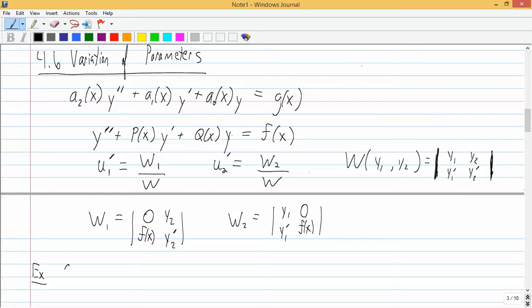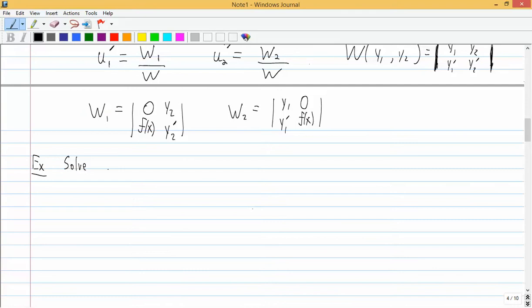All right, so let's say I wanted to solve this differential equation. I could solve this by the superposition approach.